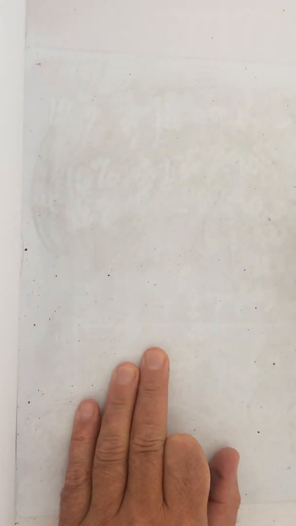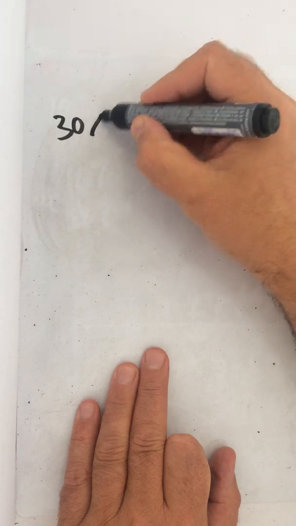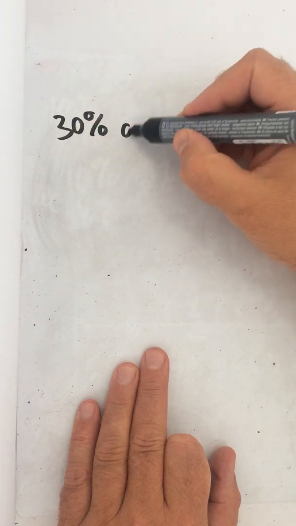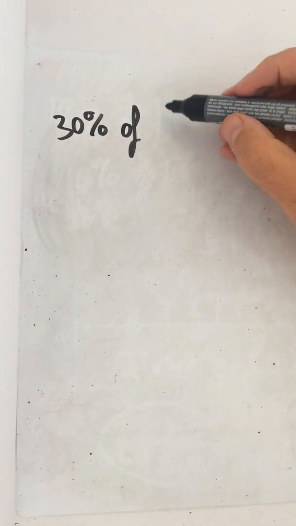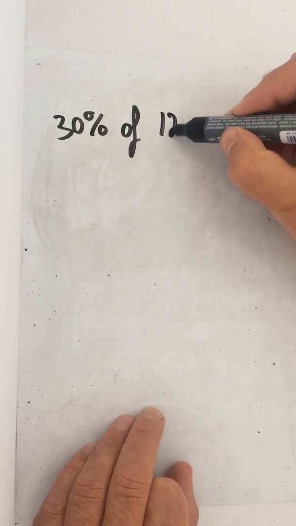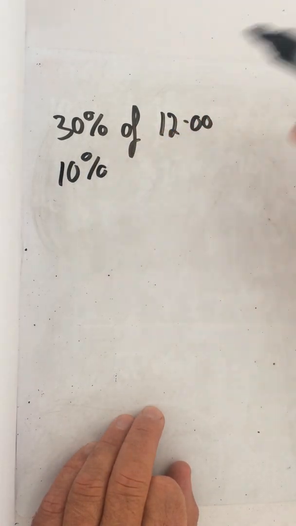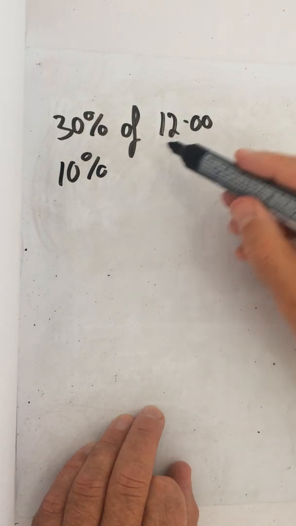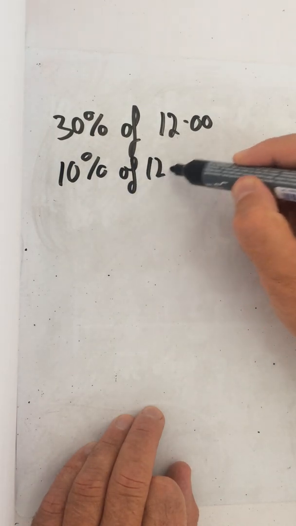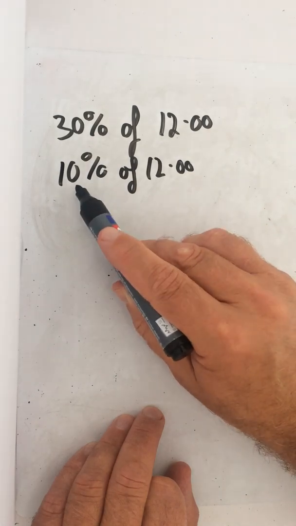Okay, and the same if I need to get 30% of something. 30% of £12. Okay, so I'm going to find 10% first of all. So 10% of £12. So on that one, I'm dividing by 10.